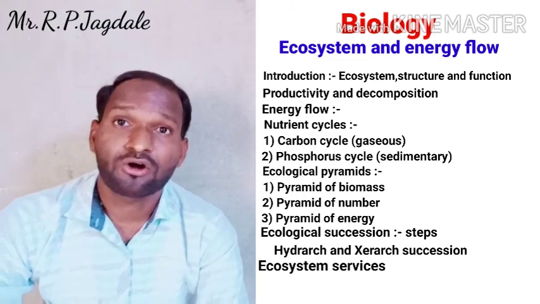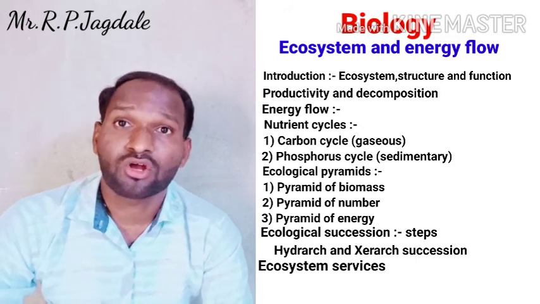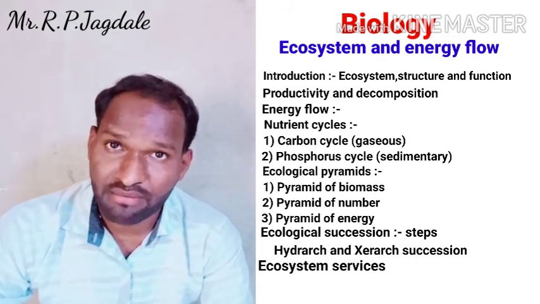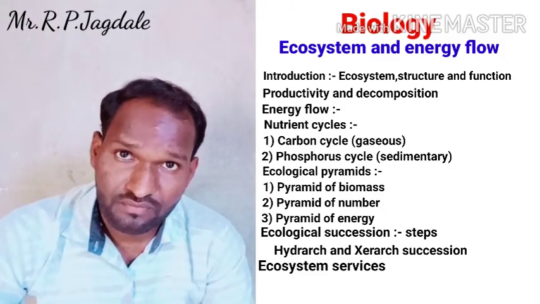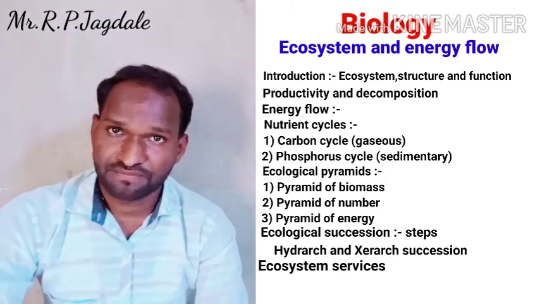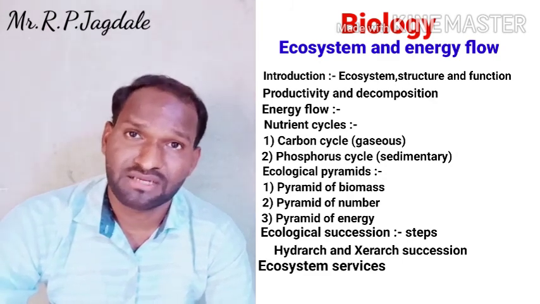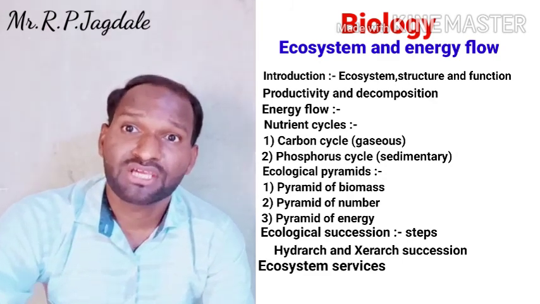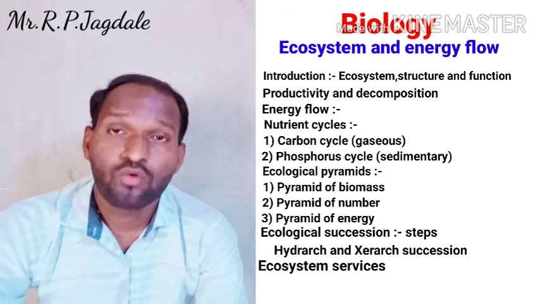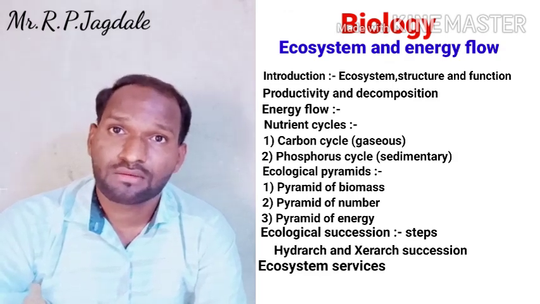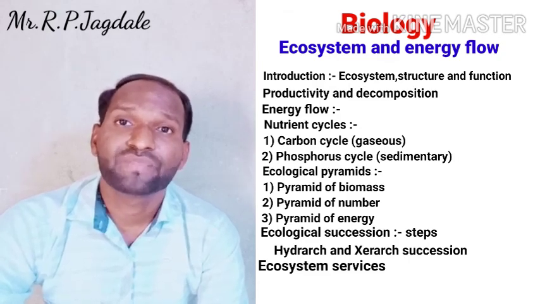Then ecological succession, which may be hydrarch or xerarch. Then ecological pyramids: pyramid of biomass, pyramid of number, pyramid of energy. And lastly we are going to see the benefits of the ecosystem, that means the services provided by the ecosystem. Now we are going to see the actual unit called Ecosystem and Energy Flow.